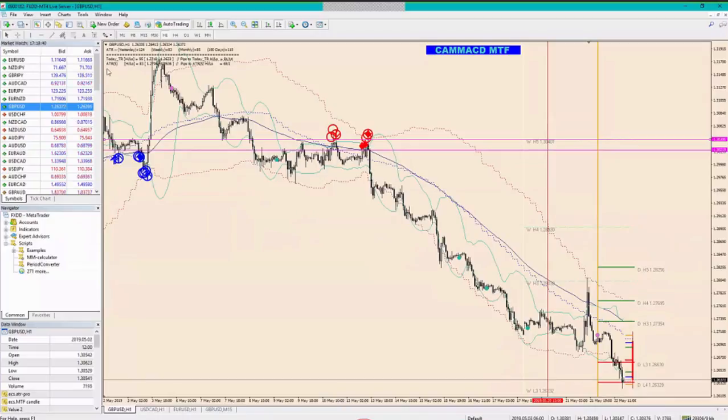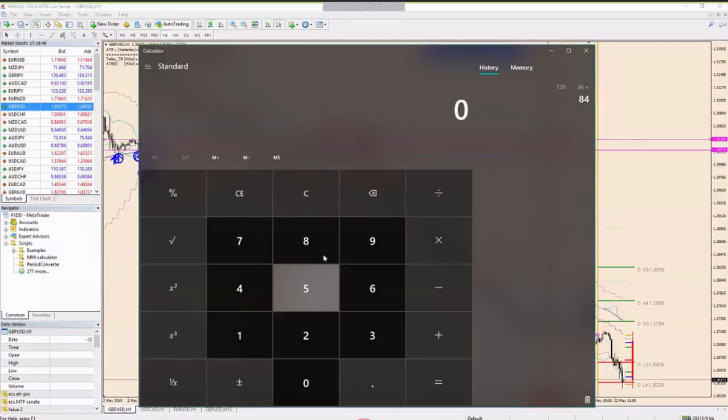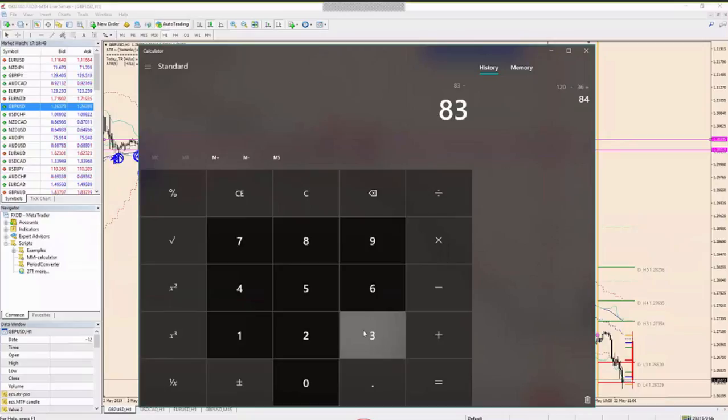Now, how much would it be with ATR? The ATR of 5 is 83. Then let's use the calculator. 83 minus 30%. Yeah, you see, it's basically 58, so it's a little bit higher.